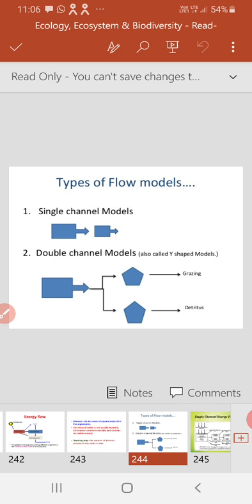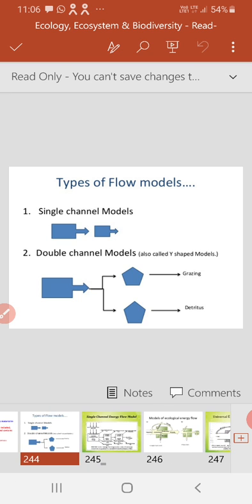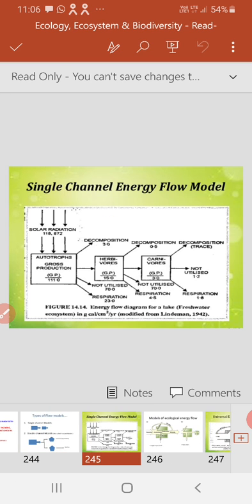These are the energy flow models. One type of model is called a single chain model. Another type is called the double chain model. The single chain model of Lindeman is a very popular model. It shows the different trophic levels: autotrophs at T1, herbivores at T2, carnivores at T3.